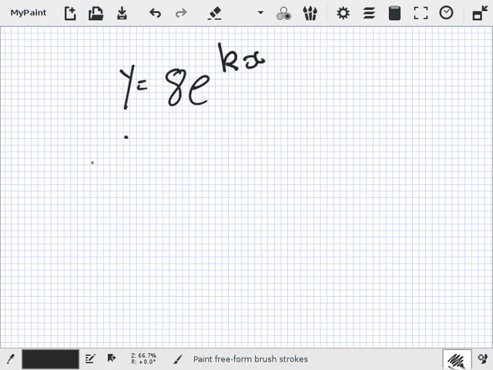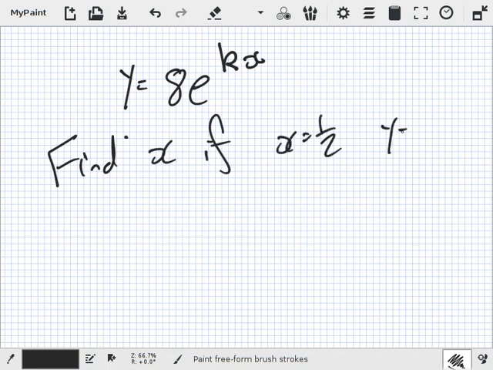Find k if x equals a half, y equals 24. Right. So, how can I find the k? I wrote x again. And I said find k twice. Find k if x is a half and y is 24.